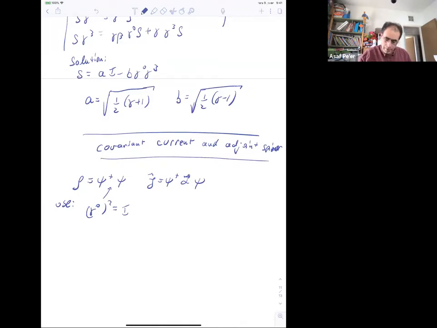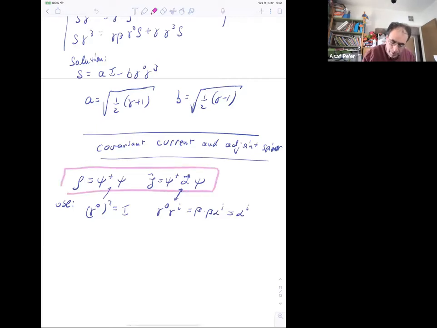And gamma 0 gamma I is just beta times beta alpha I, which is just alpha I. So I can replace the alpha I here with gamma 0 gamma I. And I can take these two expressions and write them in a more compact form, which will be J mu. Now this is going to be a 4-vector: rho and J is just psi dagger gamma 0 gamma mu psi.